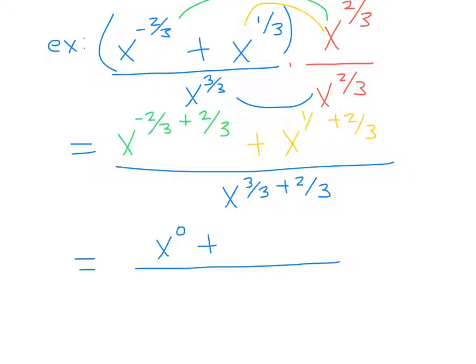That should be a 3 right there. So let's change that to 1/3. So 1/3 plus 2/3, that's going to be x to the 1. And then in the denominator, adding those together, we get 5/3 for the exponent.